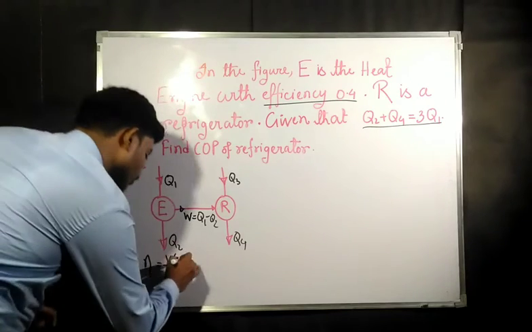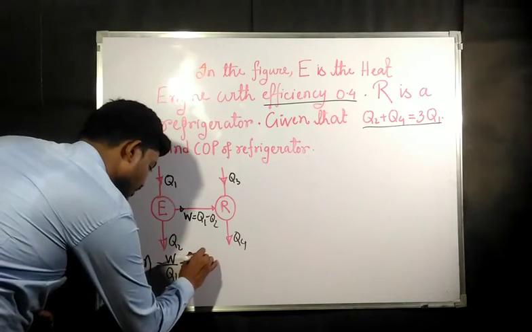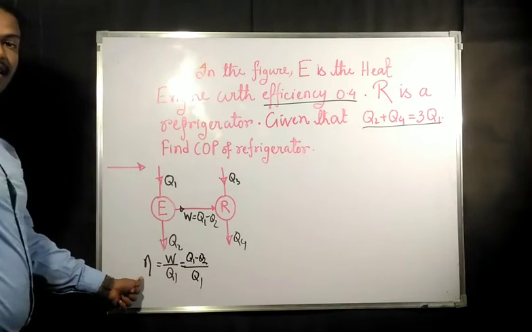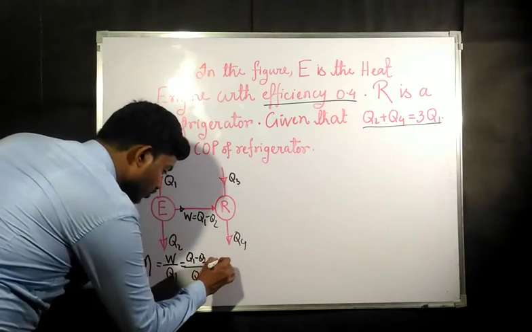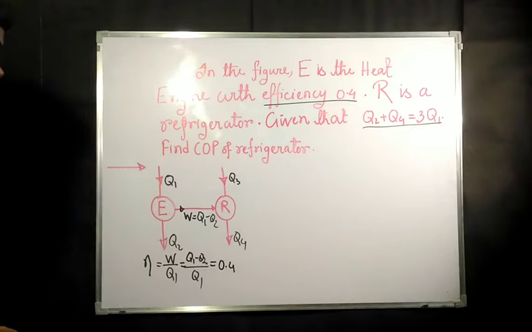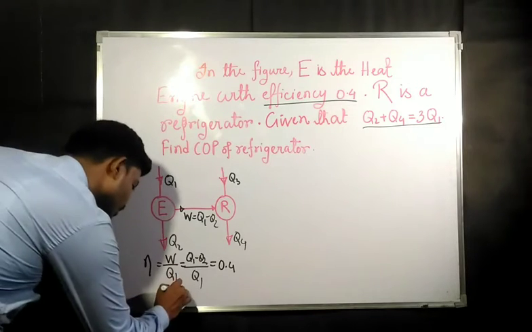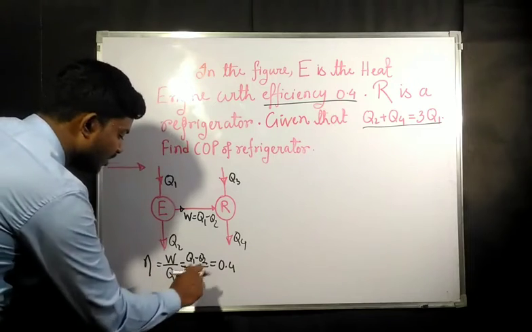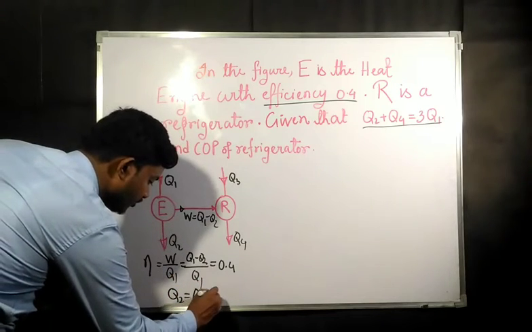So from here you can write Q1 minus Q2 divided by Q1, and the efficiency they have given is 0.4. So this is 0.4. If you simplify this equation, you get Q2 is 0.6 of Q1.